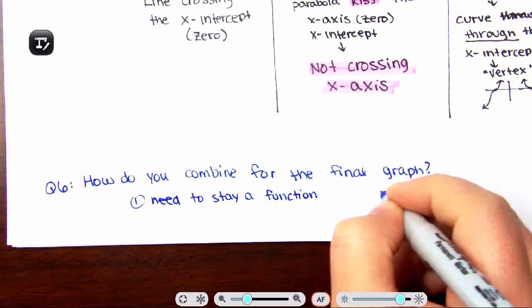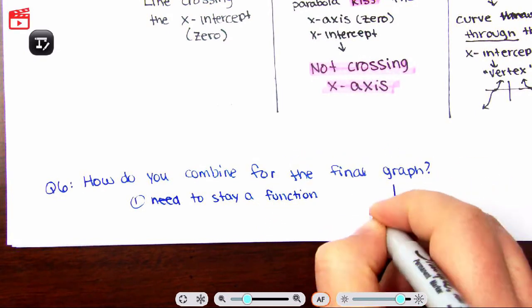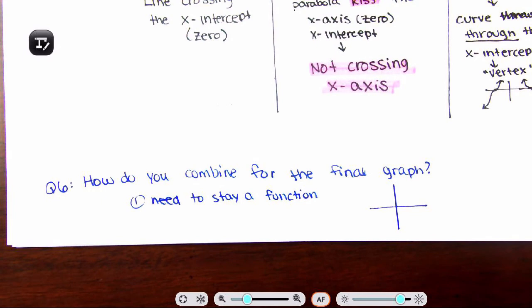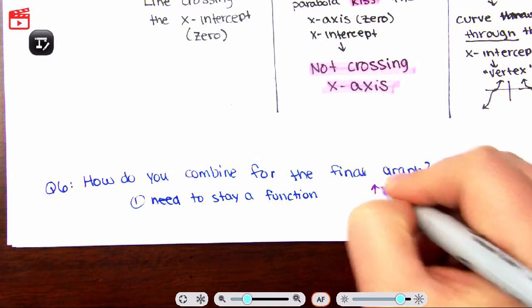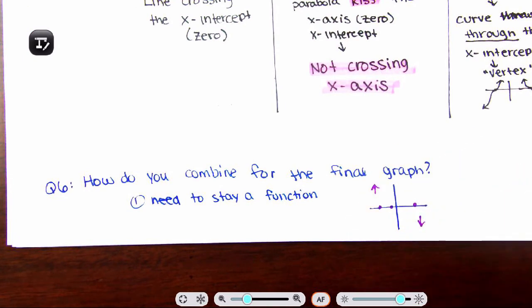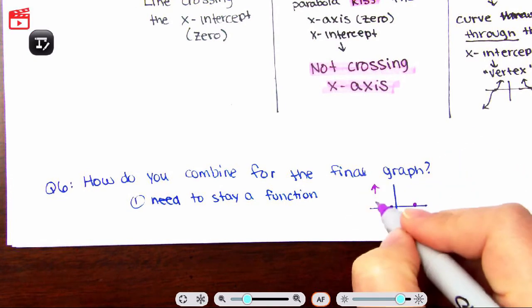So for example, if you have something that looks like this, and you have your zeros, let's say you have 3 zeros, 1, 2, 3, your end behavior is going up on the left and going down on the right, so you have a decreasing function, and you have a parabola here, so you're going to kiss it.